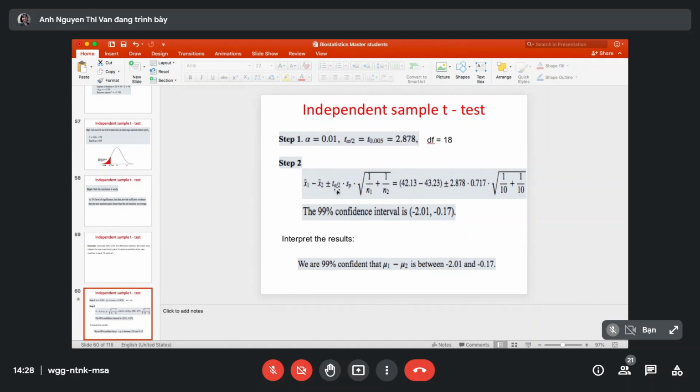And you need to determine t alpha over 2. So t alpha over 2 is the t 0.005, where the df, the degrees of freedom, is 18. You can easily determine this from the statistics table, at the column t 0.995 and df 18.